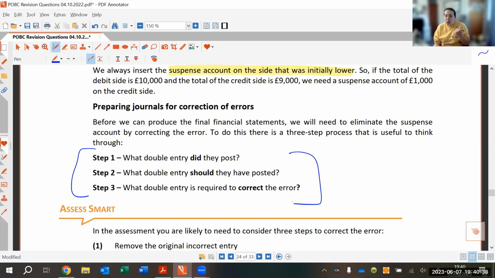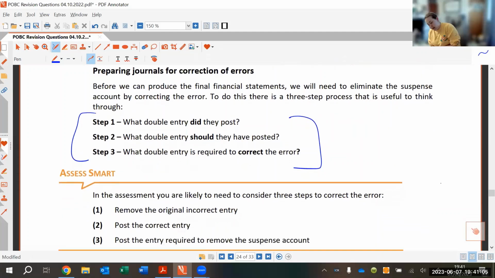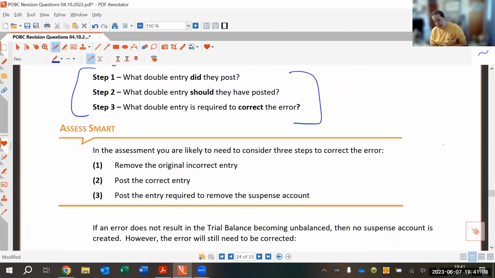What would we have debited, what would we have credited? And then what did they post? What has gone wrong? What do we need to do between the two to make the entries we did post become the entries we should have posted? It might be a case of removing the incorrect entry, putting the correct entry in, and then clearing that suspense account. That's the bit in that Assess Smart there.